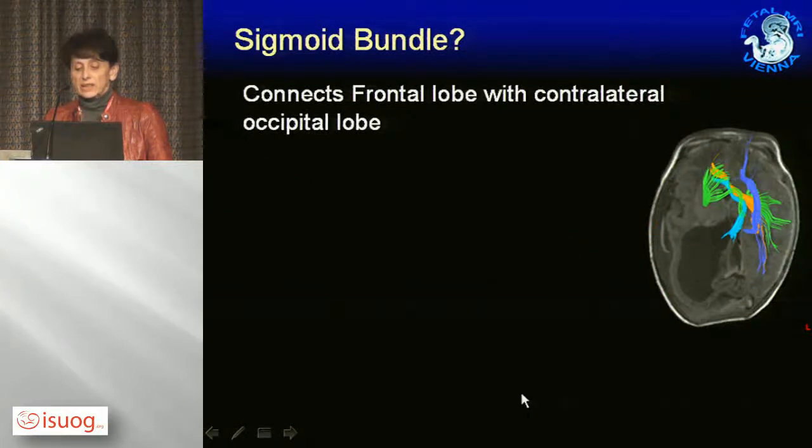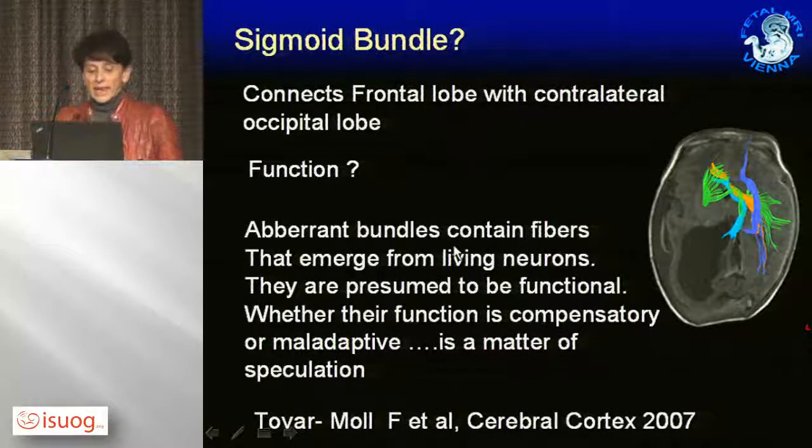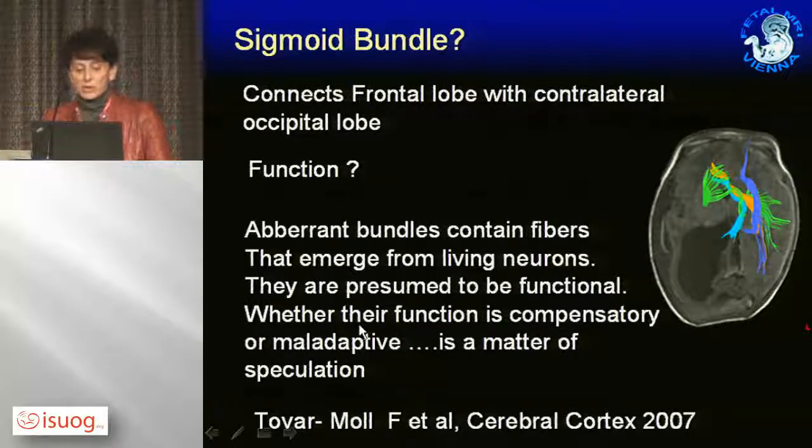It was defined by Tovar Moll the first time in 2007 as a bundle that connects the frontal lobe with the contralateral occipital lobe. And what he wrote is whether the function of such bundles is compensatory or a maladaptation is a matter of speculation.